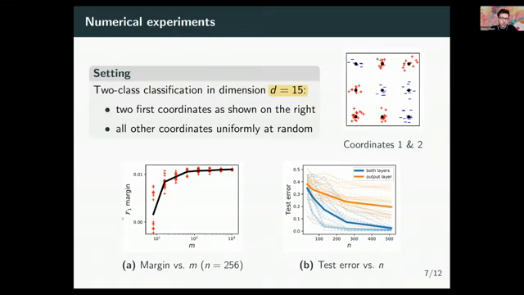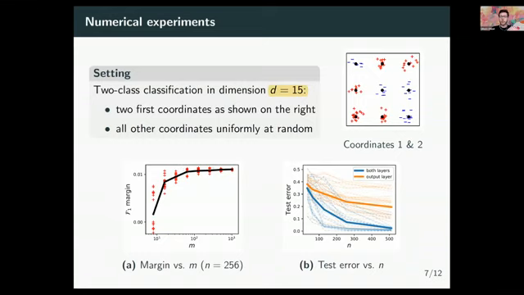So first, to observe what our result shows, here I plot the F1 margin after training as a function of M, the width of the neural network. And we observe that as the width increases, we converge to some plateau, which is and should be the max F1 margin classifier over the F1 ball, where we do not put any constraint on the number M of neurons of the neural network.